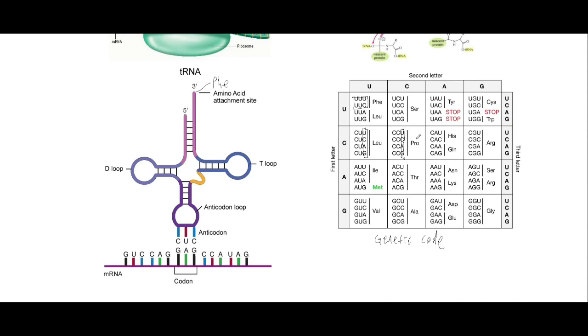That can be kind of any one of these. So the third letter is often the one that doesn't base pair as strongly, and so you can have quite a bit of variation in that third letter.